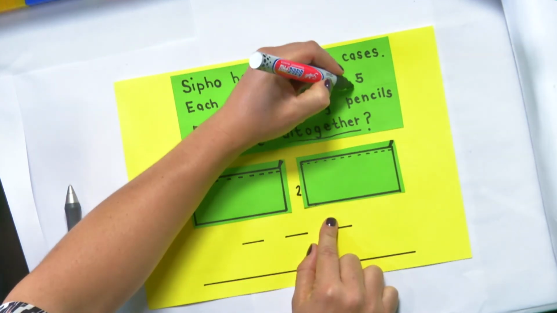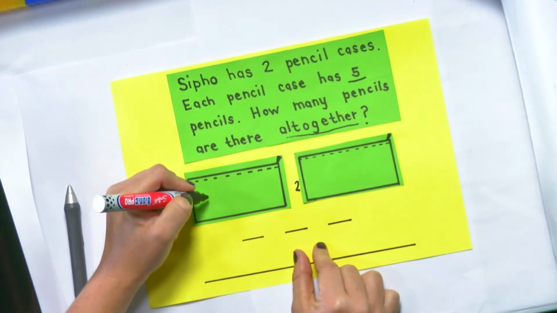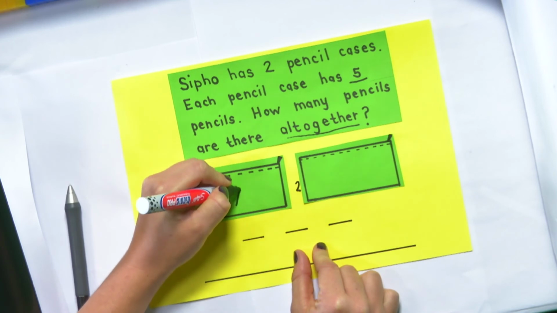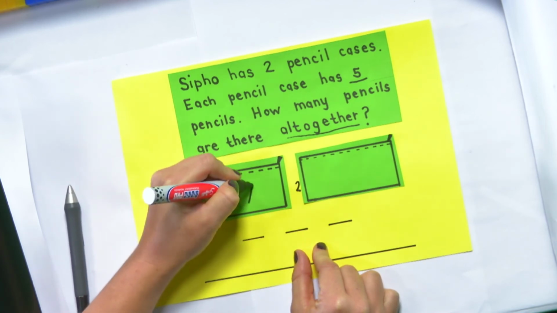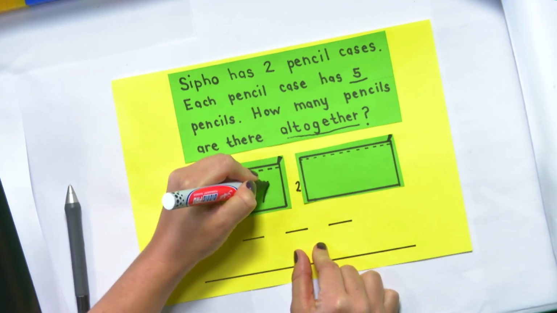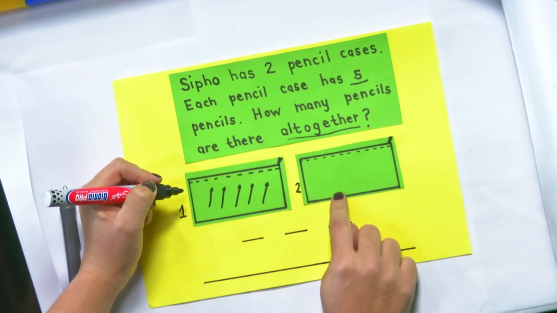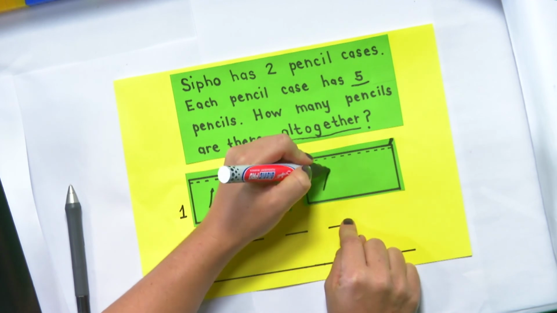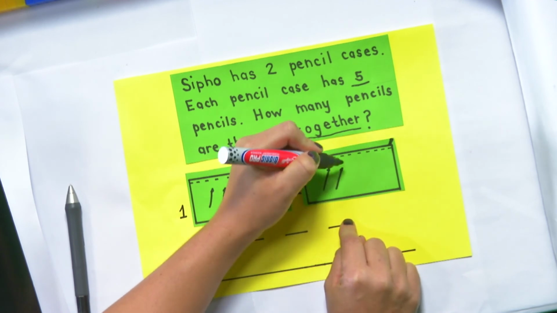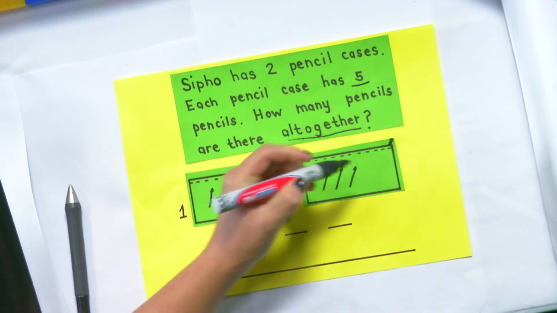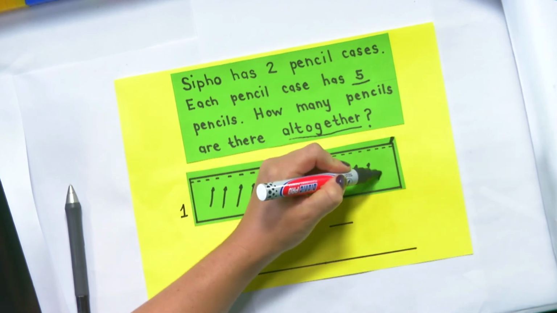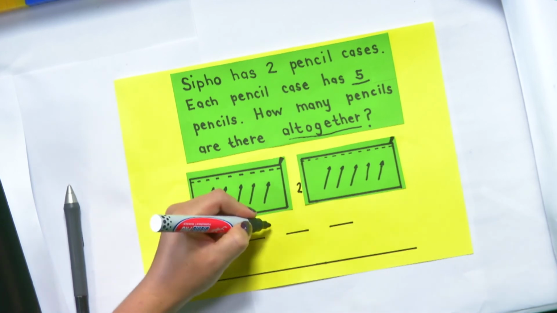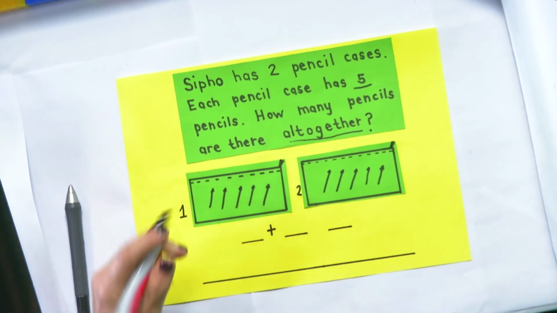There are 5 pencils. So I will draw pencil number 1, pencil number 2, pencil number 3, pencil number 4, and pencil number 5. In my second pencil case, I also have 5 pencils. So pencil number 1, pencil number 2, pencil number 3, pencil number 4, and pencil number 5. So we know that we are going to add.